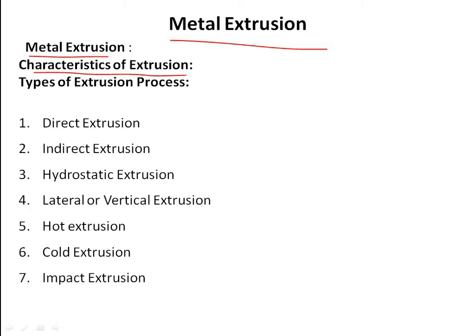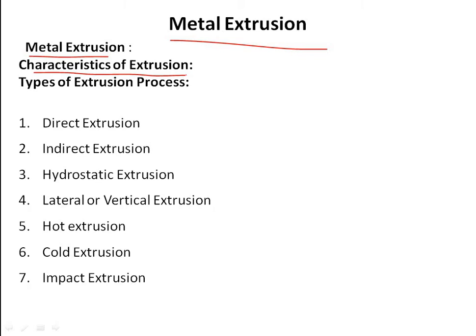These are the things. And next characteristic is parts that are formed have an excellent surface finish, which minimizes post-processing machining. And next one, metal extrusion tends to produce a favorable elongated grain structure in the direction of the material.